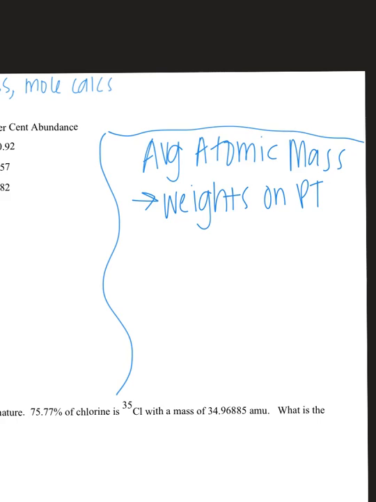So we do have a formula for that, average atomic mass. This thing is a sigma, and I'm pretty sure that's the best sigma I've ever drawn in my whole life. Sigma means sum.